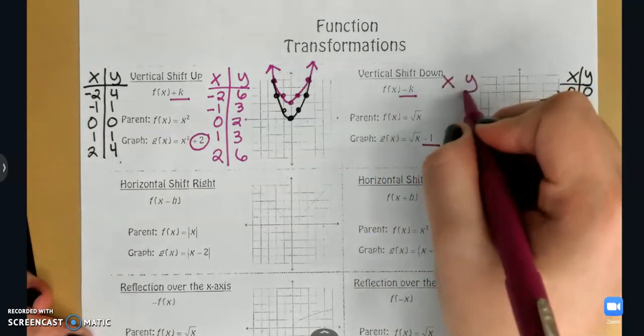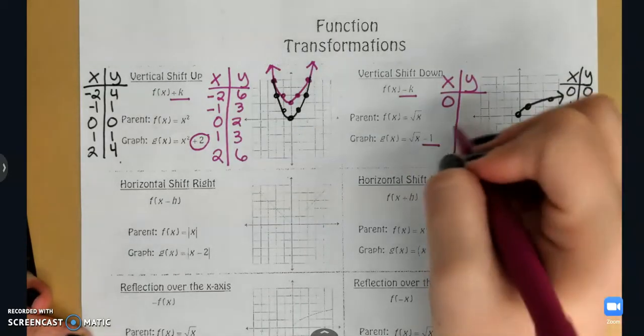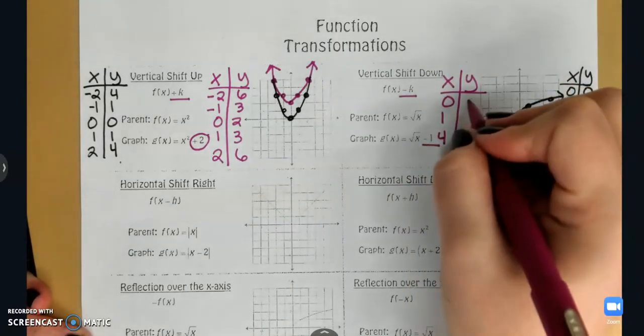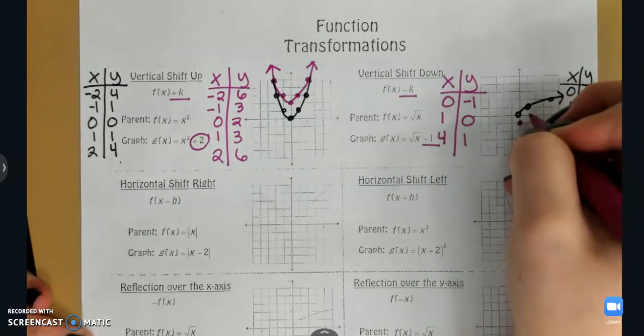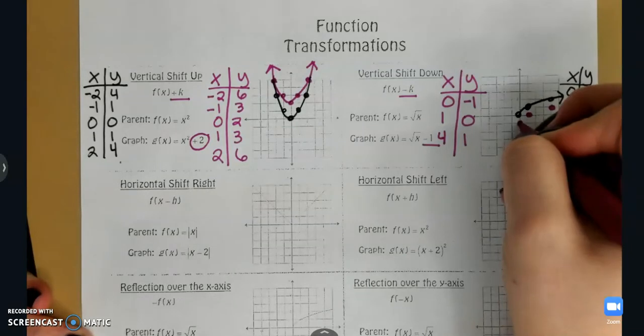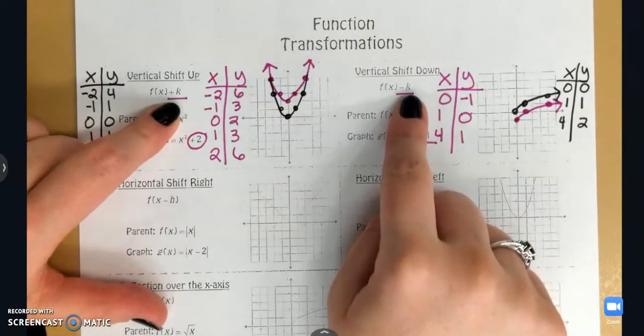My x values are going to stay the same, and I'm going to subtract 1 from each of my y values. And I'm just going to plot those points. And there is my transformed function. So vertical shift up or down, you're adding or subtracting a value on the outside.